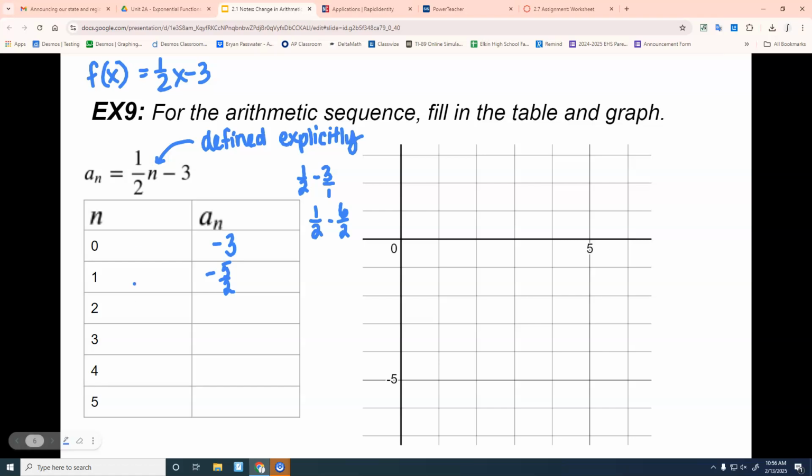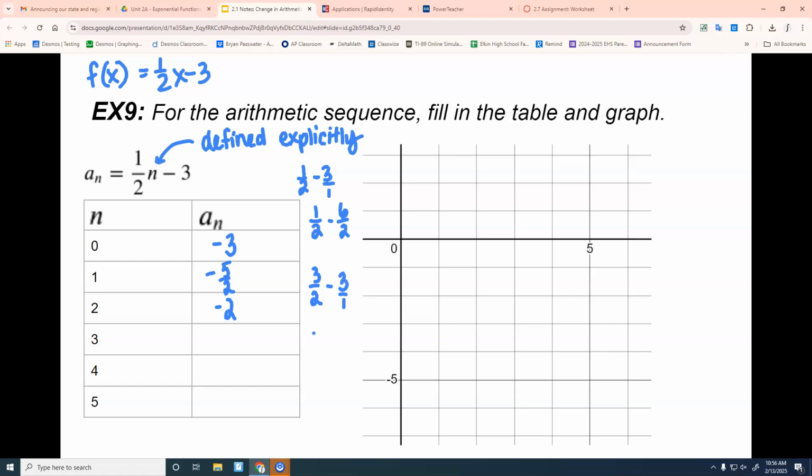Here, for a 2, half of 2 is 1. 1 minus 3 is -2. For 3, you're going to have half of 3, which is going to give you 3/2 minus 3.